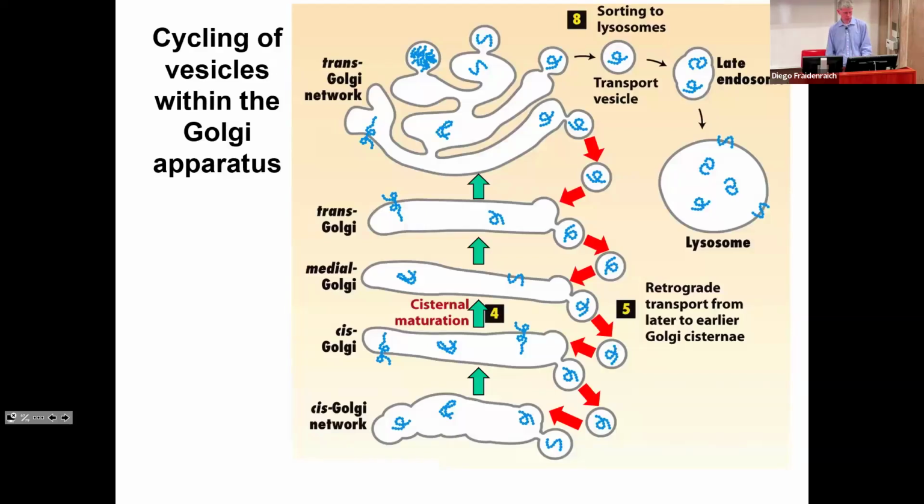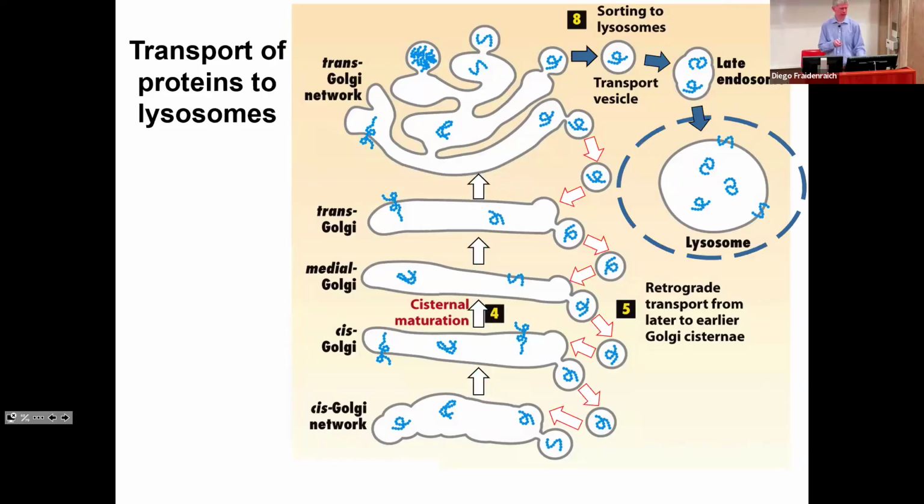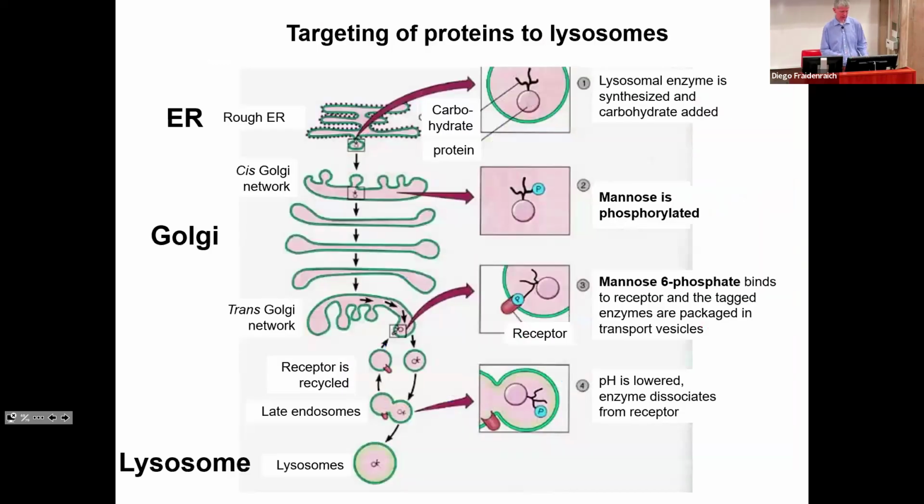There could also be proteins that are damaged or not properly folded, so they could end up in the lysosome. The lysosome degrades proteins in an acidic environment. And so proteins are recognized for this transport to the lysosome.